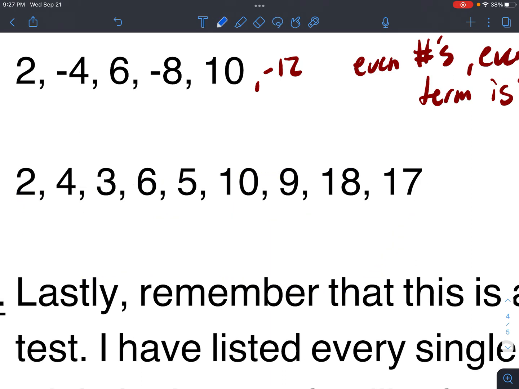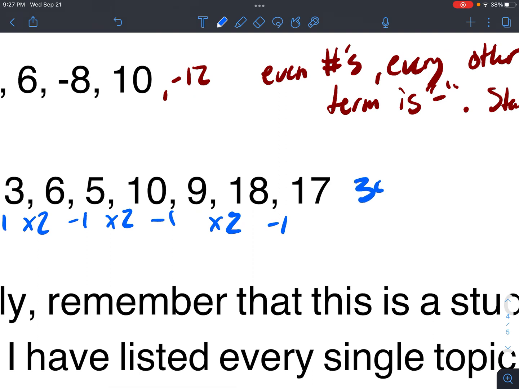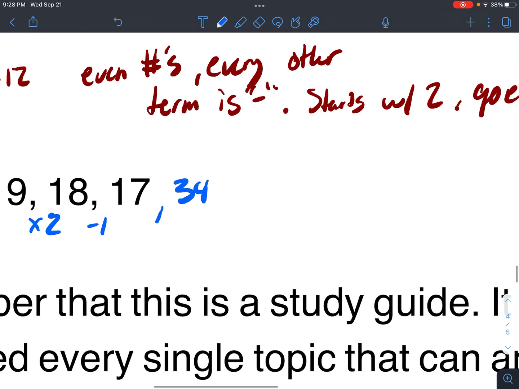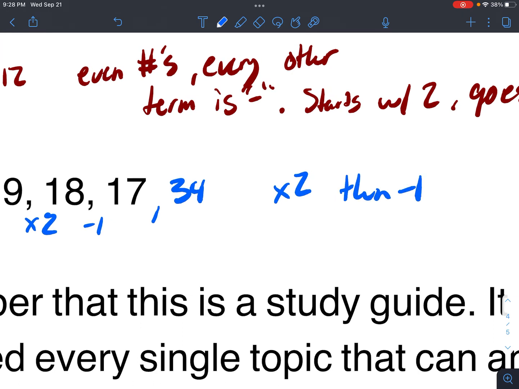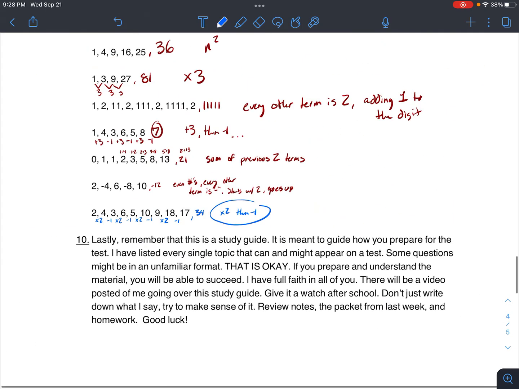Oh, but I do see something better. I see that this is times 2. 3 times 2 is 6. 5 times 2 is 10. 9 times 2 is 18. So it's times 2 minus 1, times 2 minus 1, times 2 minus 1, times 2 minus 1. So this would be 34. So we're going to have a times 2, then minus 1. Okay? So that's that.